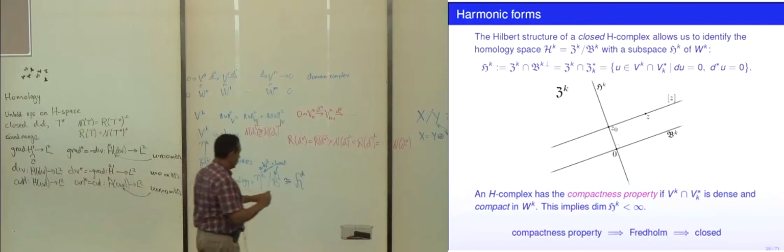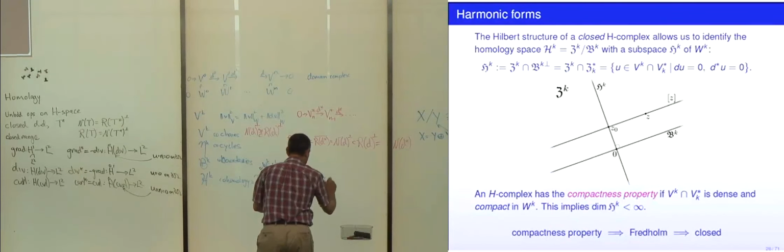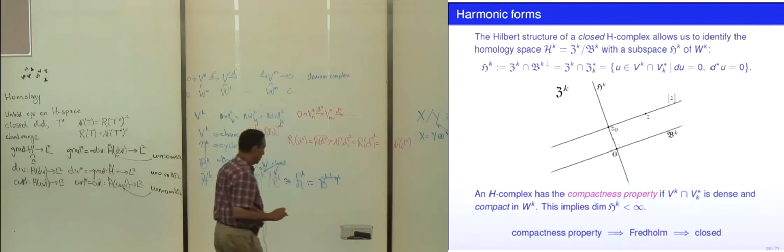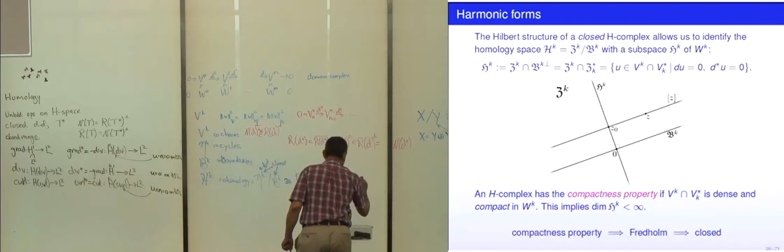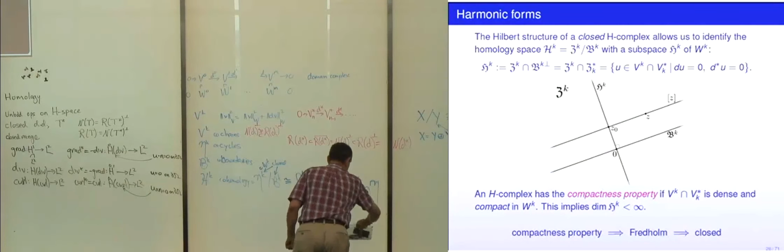H^k is going to be defined to be the orthogonal complement of the closed subspace B inside the null space. Or another way to write it is you take the orthogonal complement of B and intersect it with the null space Z.